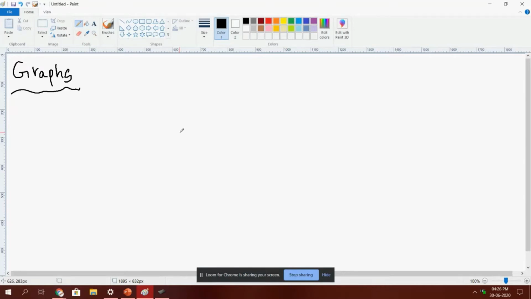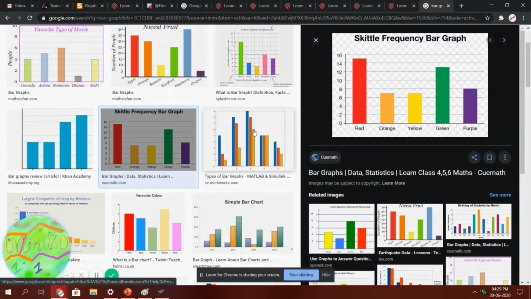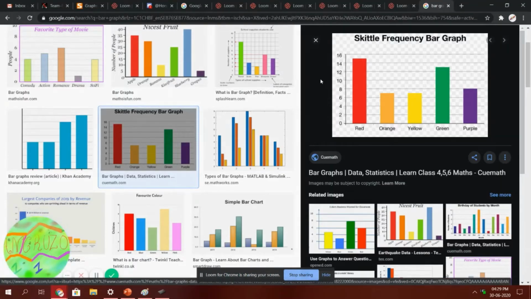The first type of graph we will be looking at is a bar graph. This is how a bar graph looks.